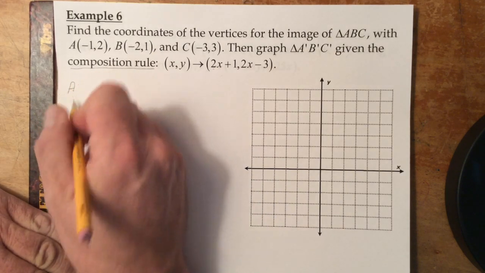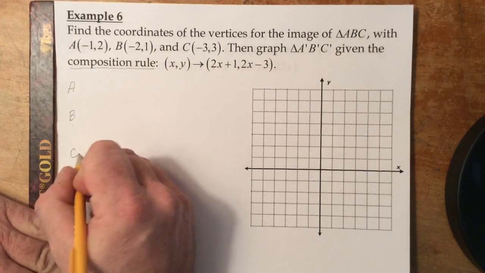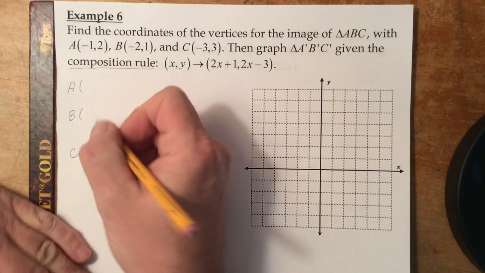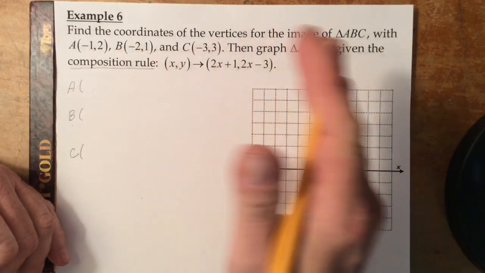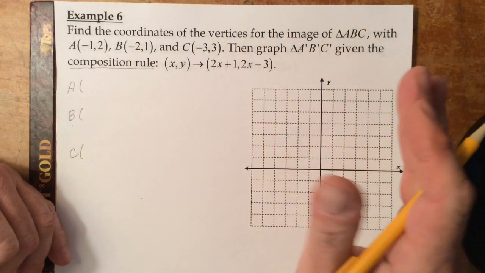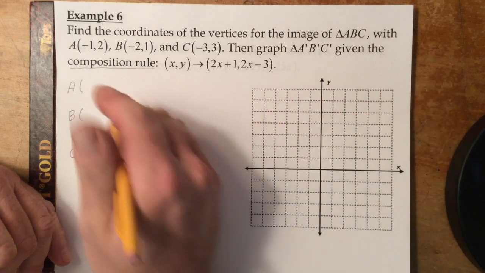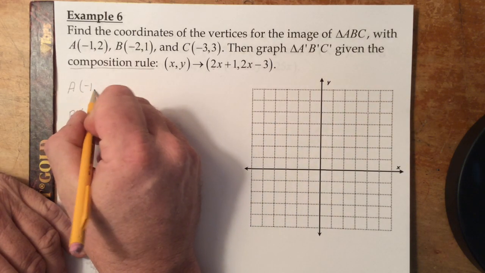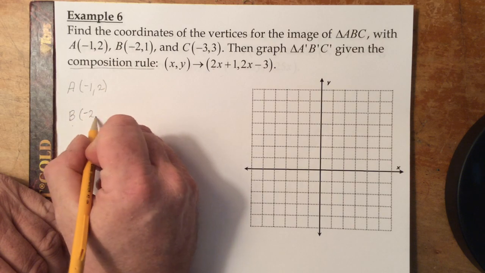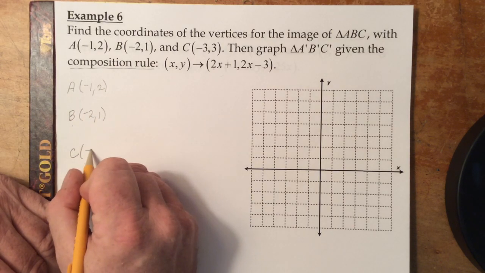We have A, B, and C. We're not going to have to make two complete moves. We're going to make 2 moves in one operation. So this is -1, 2, -2, 1, and C is -3, 3.